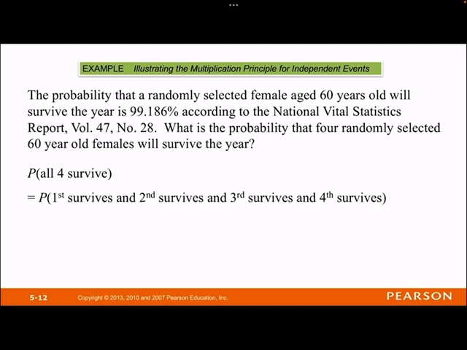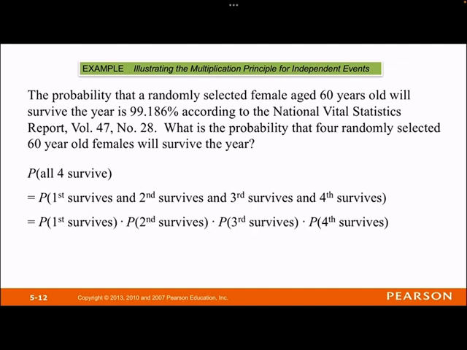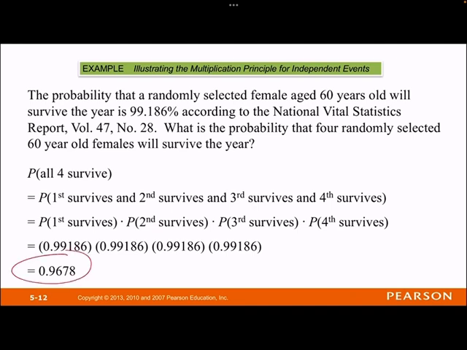So we want the probability that the first survives, and the second survives, and the third survives, and the fourth survives. One surviving in no way, shape, or form affects whether another one lives or dies. So we multiply those probabilities together. The probability for any one woman over the age of 60 to survive is 99.186%. We change that to a decimal and multiply it by itself 4 times, and the answer is 0.9678.